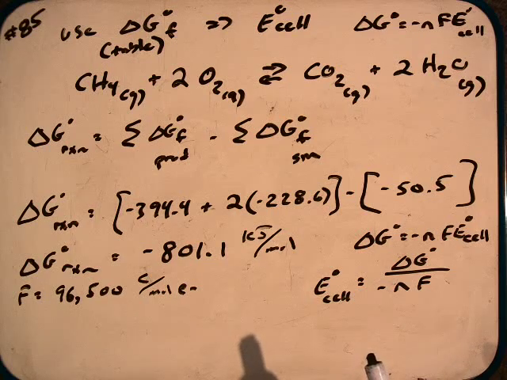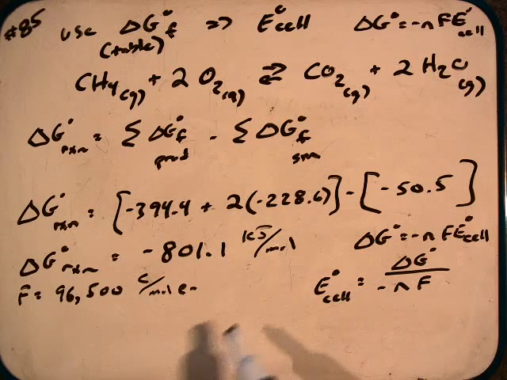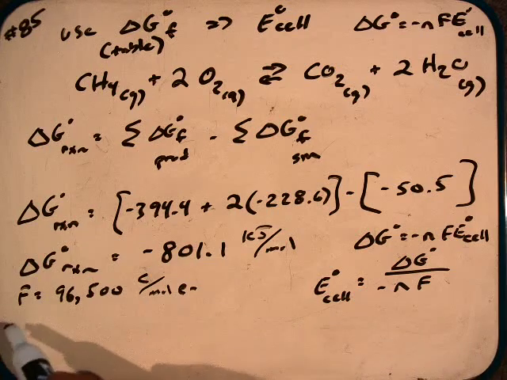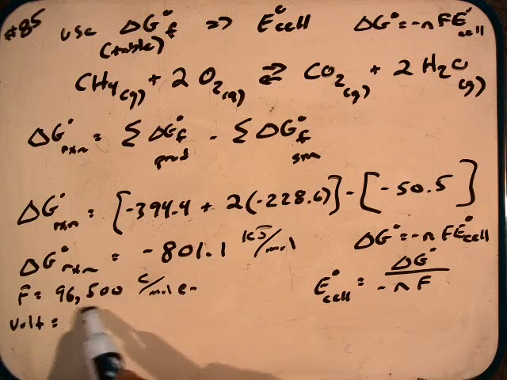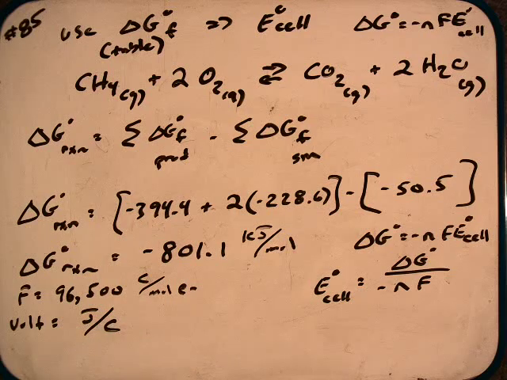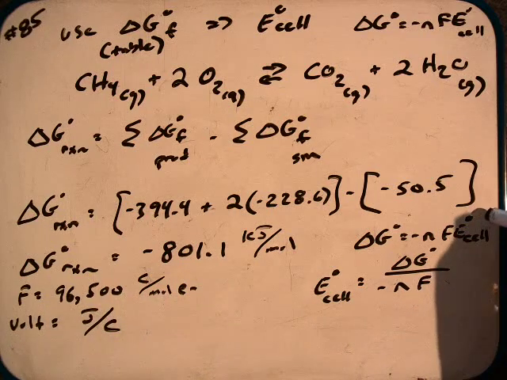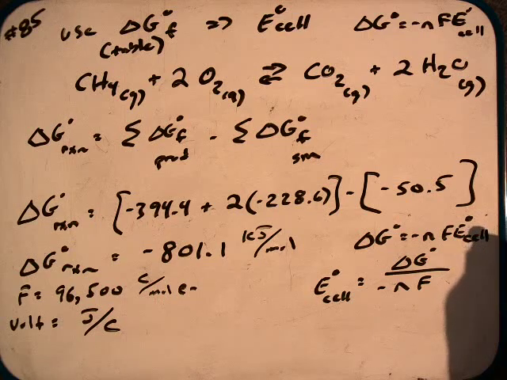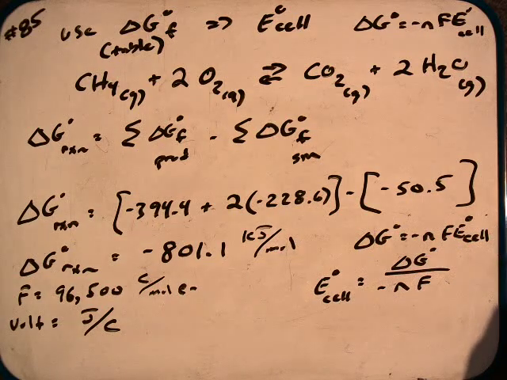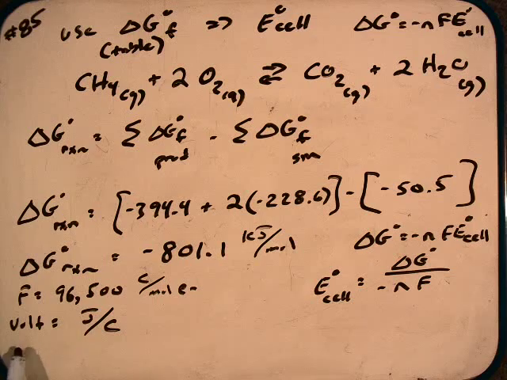And so we also have to remember that our volt is actually a joule per coulomb, right? So when we combine this equation using our volts and our Faraday's constant in this delta G expression here, we have to realize that delta G needs to be not in kilojoules per mole, but in joules per mole. Because again, our cell potential is in voltage, and a volt is actually a joule per coulomb.